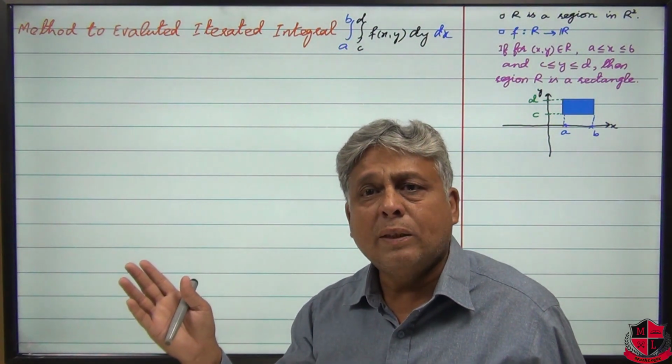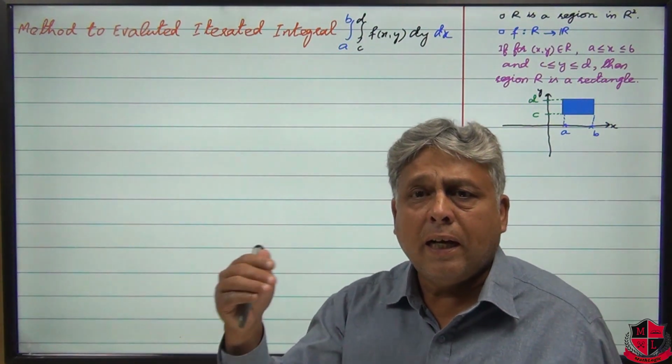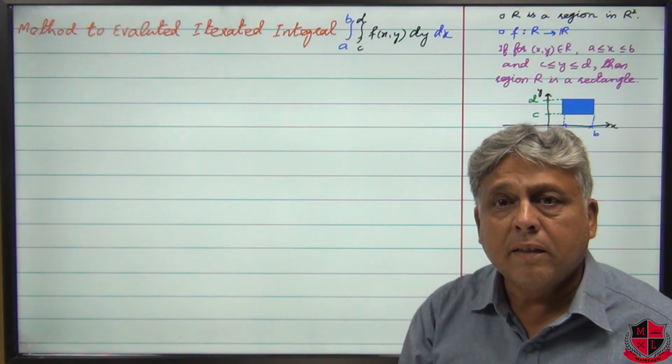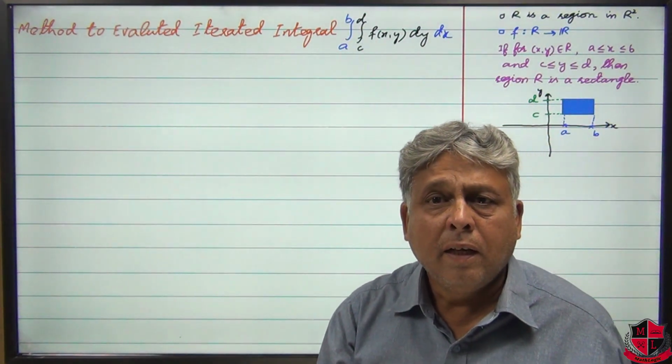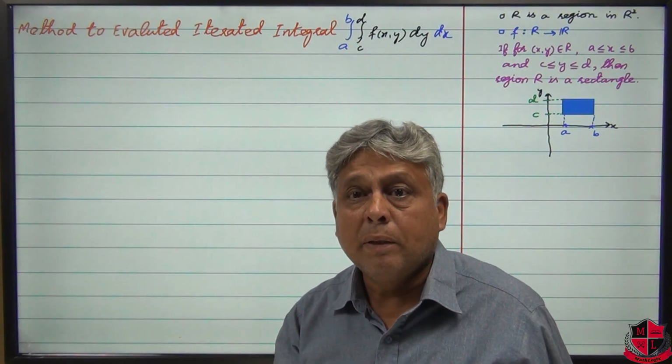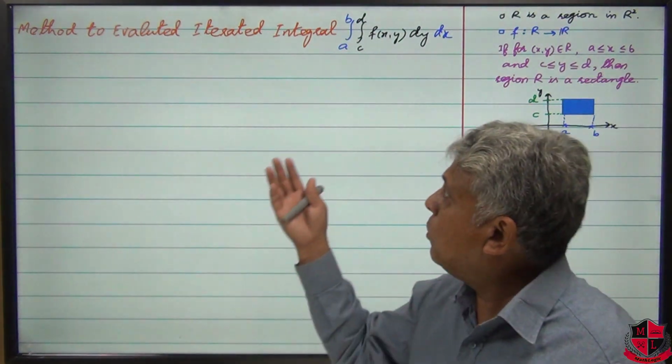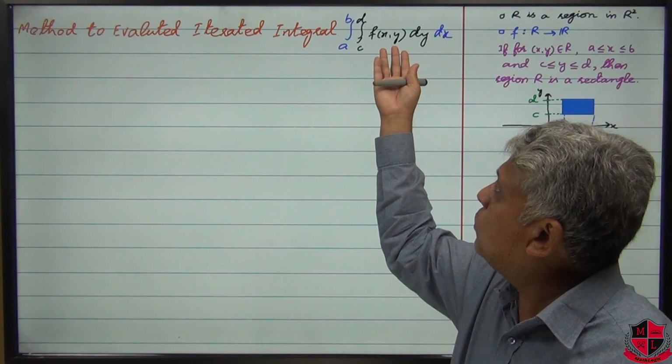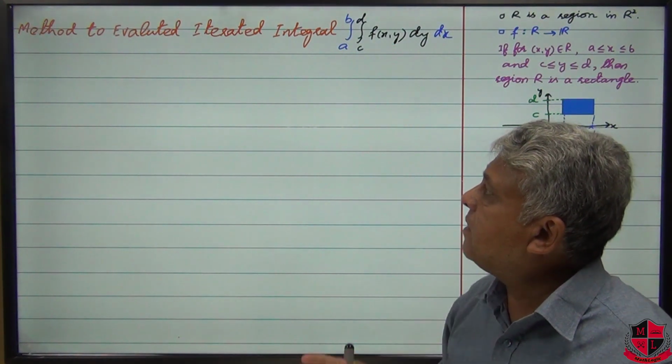Also, how these iterated integrals are related with double integrals, with multiple integrals, and how we define multiple integrals. These are the coming topics. So, first, how to evaluate this iterated integral.